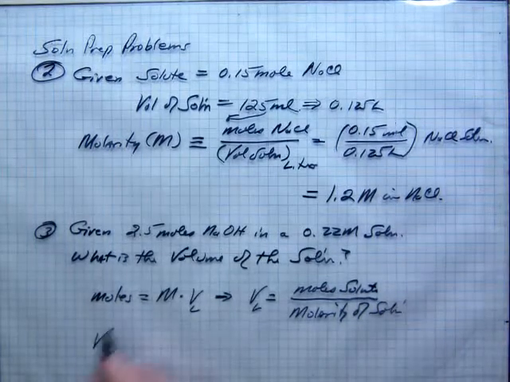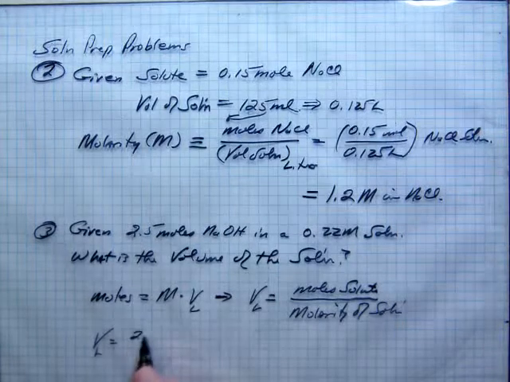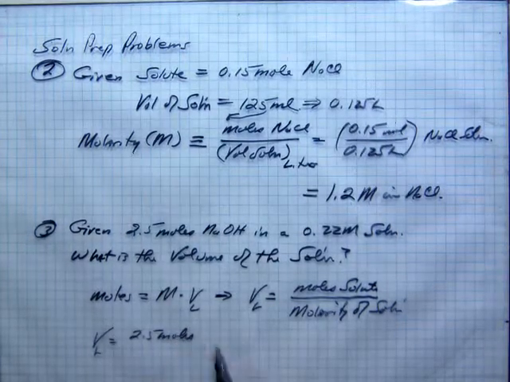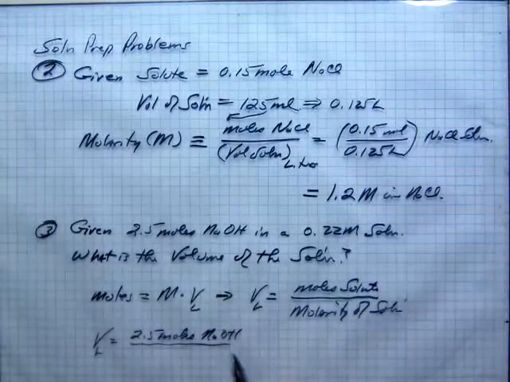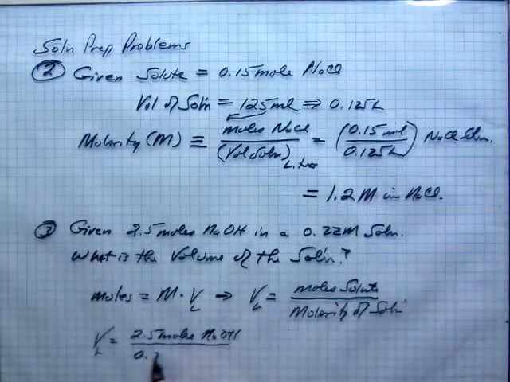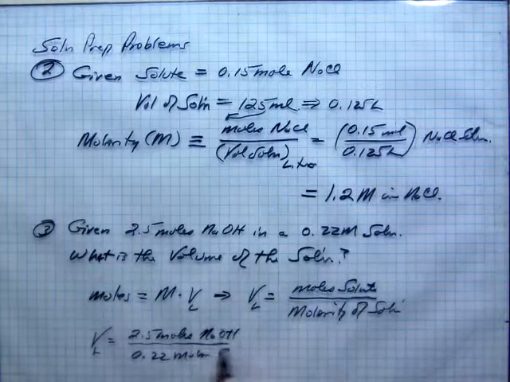In this case, the moles given is 2.5 moles sodium hydroxide over 0.22 molar solution.